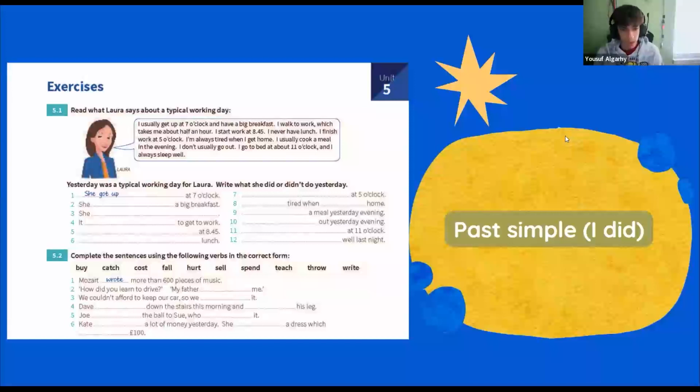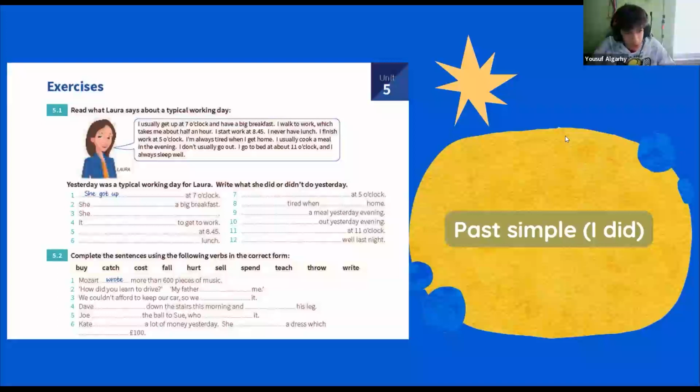It would be she made a meal yesterday evening. All right. 11, blank at 11 o'clock. She sleeps at 11 o'clock. Good. And then 12, blank well last night. She slept well last night.